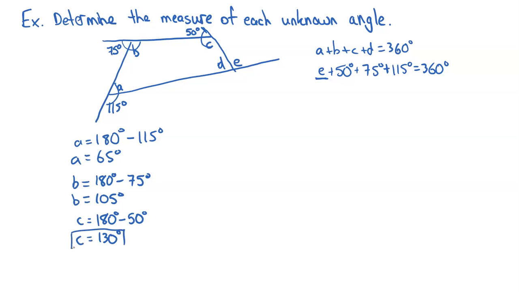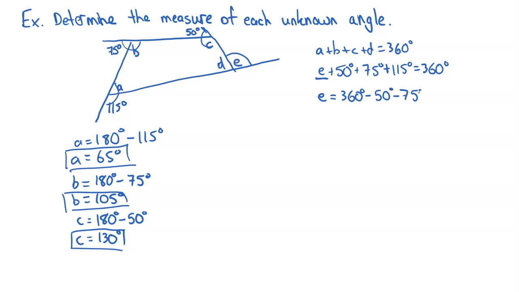So now we've solved for A, B, and C. Now notice we can't solve for D because we don't know what this angle out here is yet. So the next thing I want to do is solve for E. And I've got the equation here. Rearranging that, I get it's 360 degrees minus all the other angles. So minus 50, minus 75, minus 115 degrees.